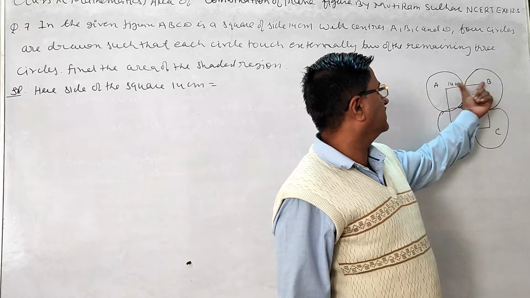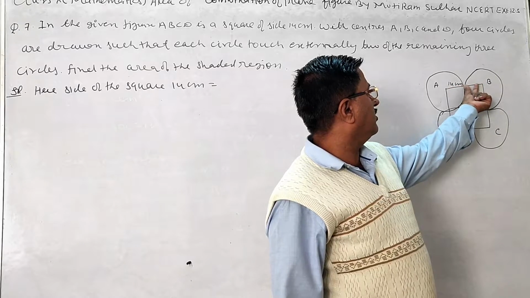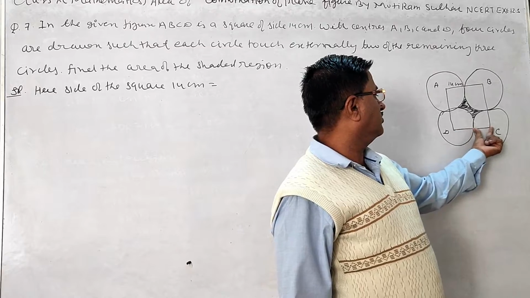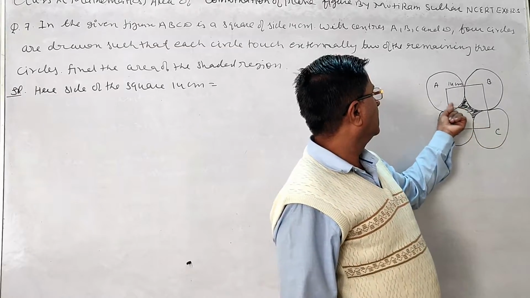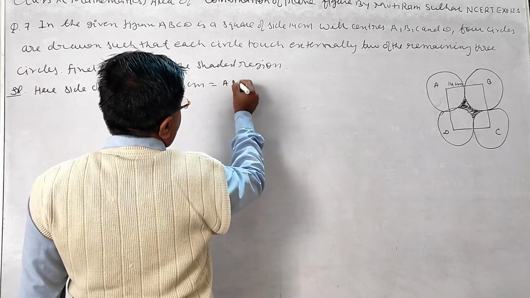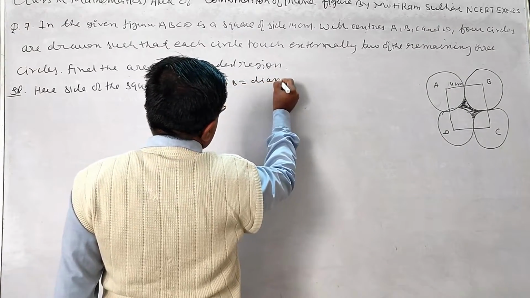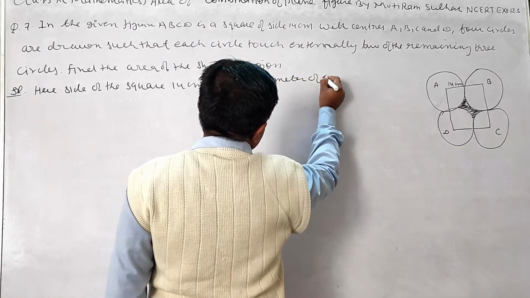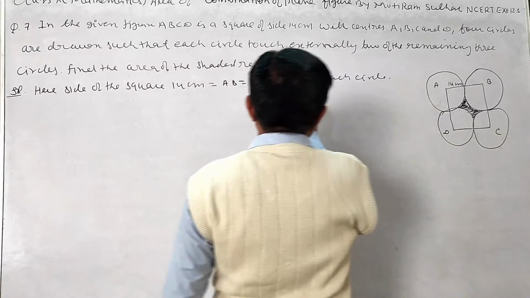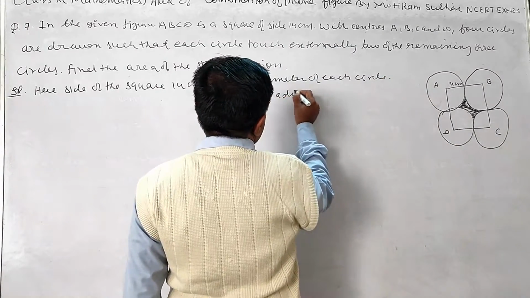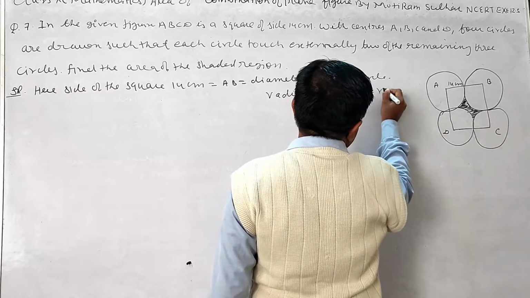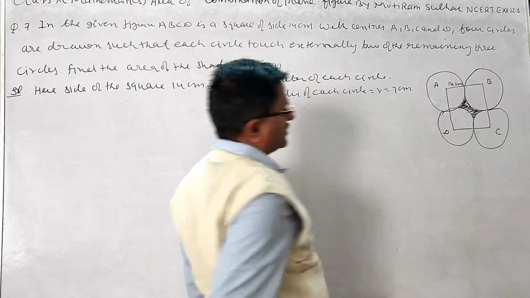So the distance between their centers is the sum of their radii, or we can say that is the diameter also, because each has equal radius. Clear? So we can say AB is also equal to the diameter of each circle, so radii of each circle are equal to 7 centimeter.